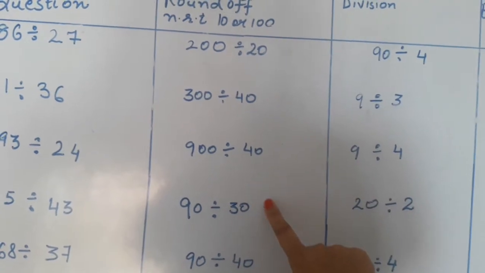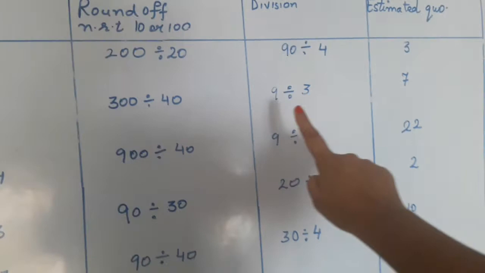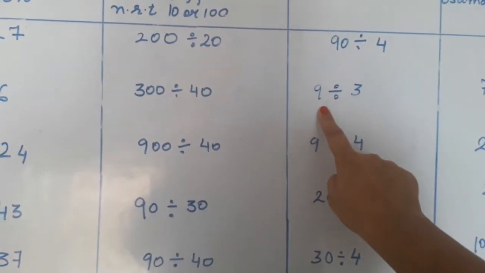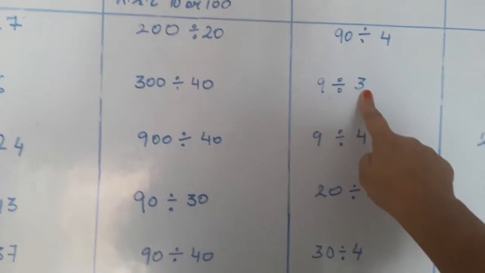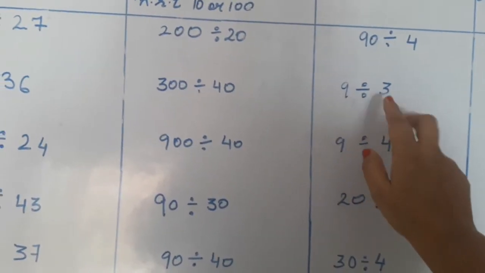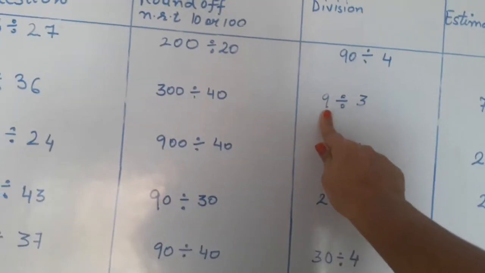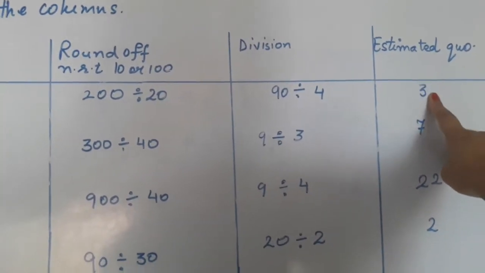So this column matches with this, right? Now 9 divided by 3, we have to divide the 9 by 3. It means I have to count the table of 3 up to 9. Everybody knows 3 3s are 9, and the quotient is 3.